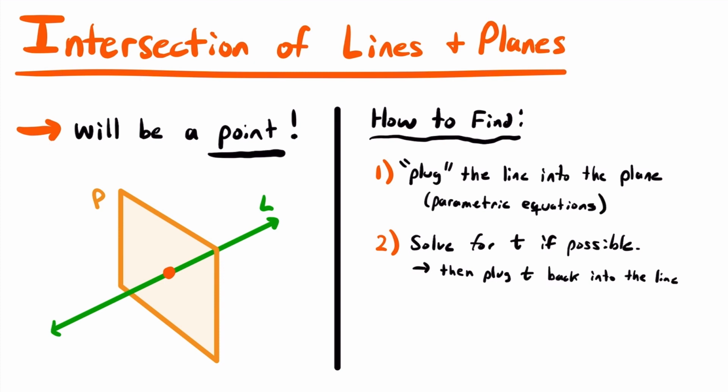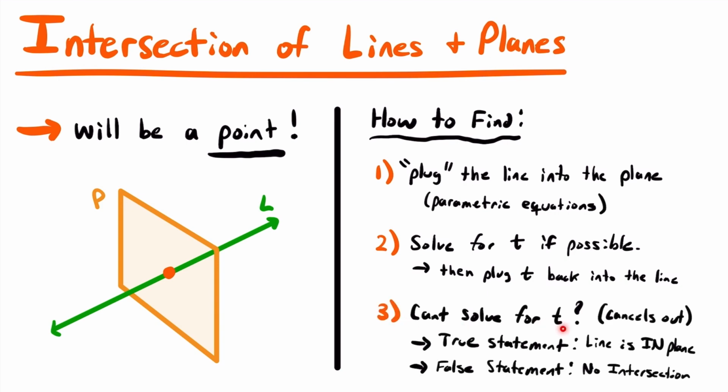All right, now if for some reason the parameter t cancels out in that equation, meaning that it won't be possible to solve for that parameter, there's two different things that could happen. If you can't solve for t because it's canceled out, then you're either going to be left with a true statement for that equation, meaning you might have 1 is equal to 1 or 5 is equal to 5, something like that. If you have a true statement, then that means that the line is contained within the plane.